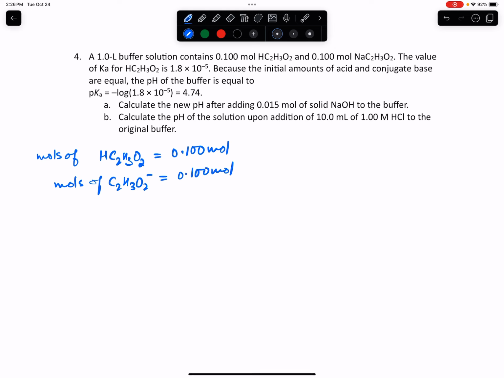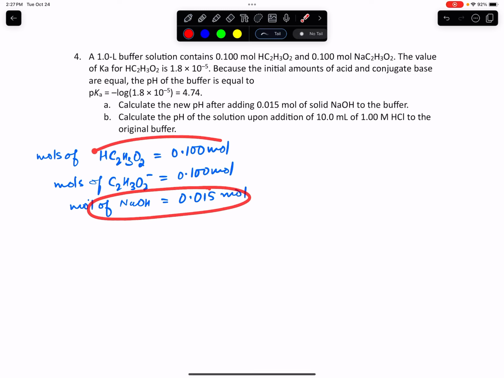And then the base is added at this point in time, which is 0.015 moles of solid sodium hydroxide. So let's call that moles of NaOH, which is 0.015 moles.